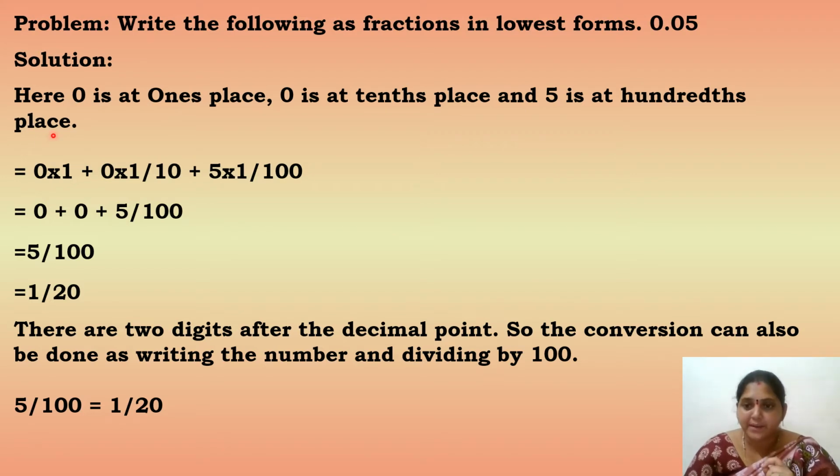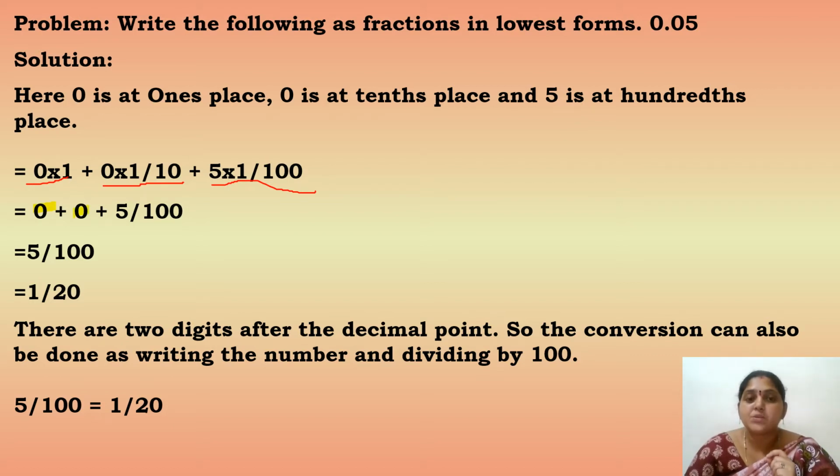As I explained to you, we have to multiply the digits with the place value. So, 0 is in place value of 1, multiply it with 1. 0 into 1, 0 into 1 by 10, 5 into 1 by 100. Now, when we are multiplying 0 with 1, our answer is 0. 0 multiplied with 1 by 10, our answer is 0.